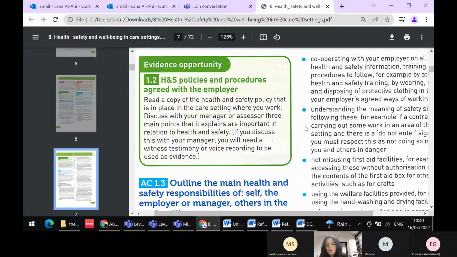The employer's responsibility is to create the health and safety policy, and for us, we need to read these policies and ensure that we follow the procedure. If we don't know anything about these policies and procedures when we start work, our responsibility is to ask our manager to explain it to us, or ask where the policy and procedure is.